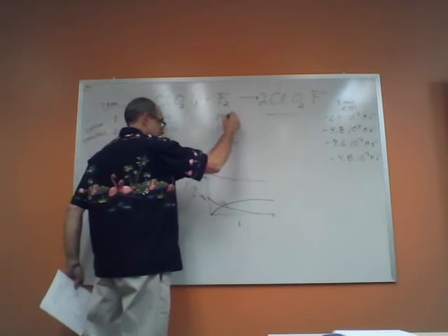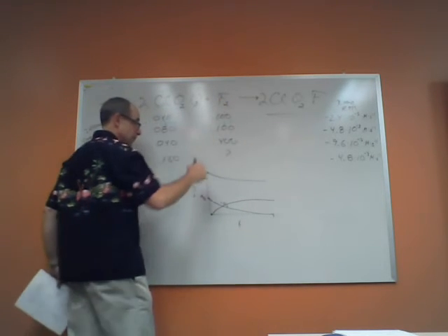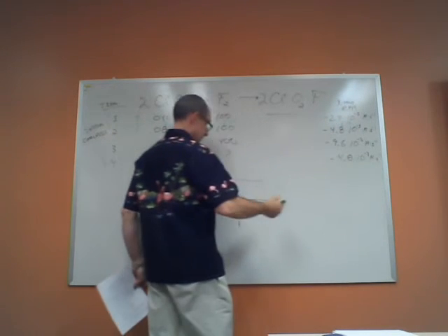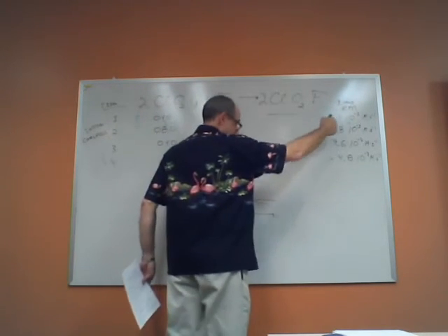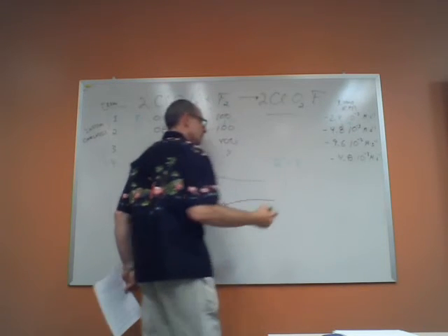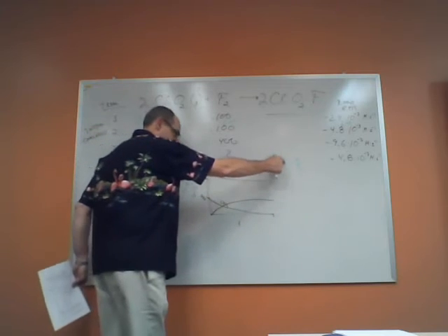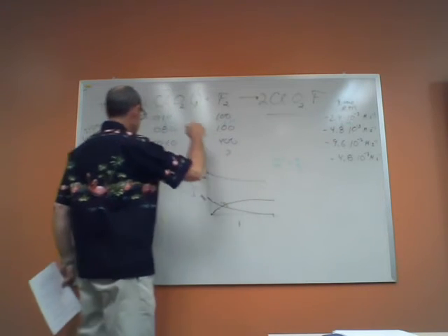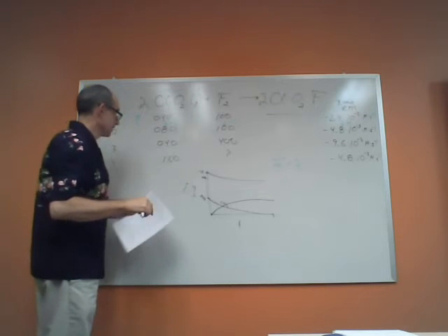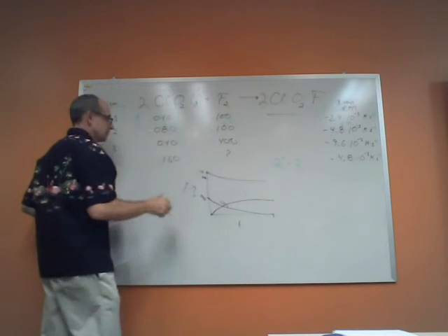I have no change in the concentration of fluorine, and my rate of consumption, my reaction rate, is also doubled. So this generates the mathematical equation that 2 to the A equals 2. And clearly A here has got to be 1, which tells me that the reaction is first order in ClO2.